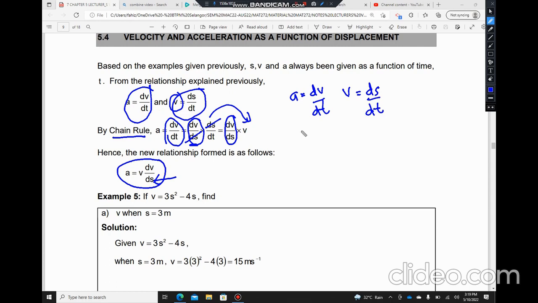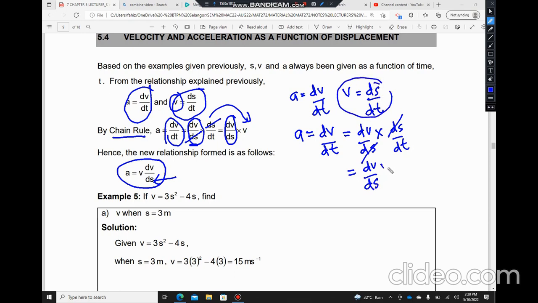Okay, so kalau kita nak gunakan chain rule, A, daripada dv dt, kita nak dapatkan sebutan dia dalam sebutan ds, so dia akan dapat dv ds, kita darab dengan ds dt. Okay, sebab bila kita cancel ds, kita akan dapat balik dv dt. So dv ds, kita tulis balik dv ds and then ds dt adalah sama dengan V. So that's why kita akan dapat new relationship, which is A equals to V dv ds.